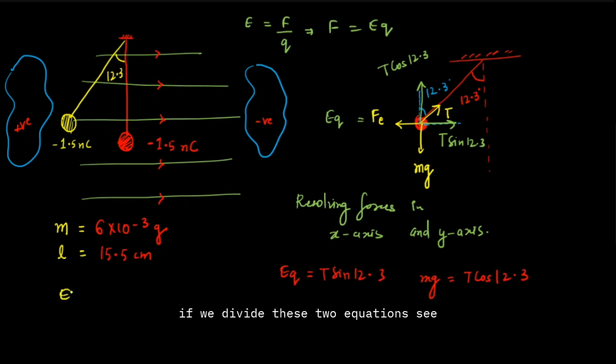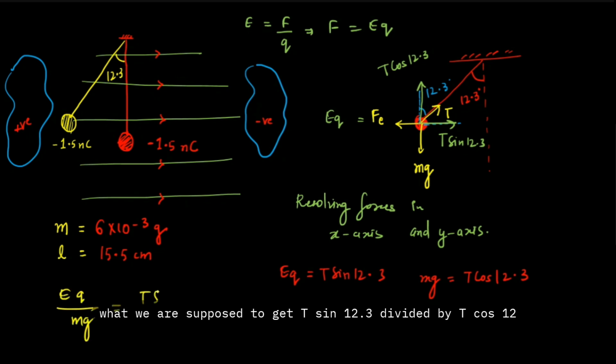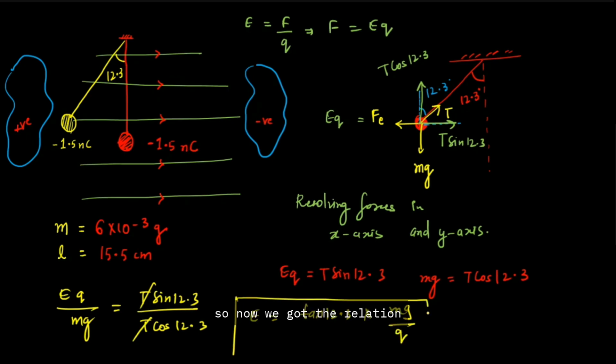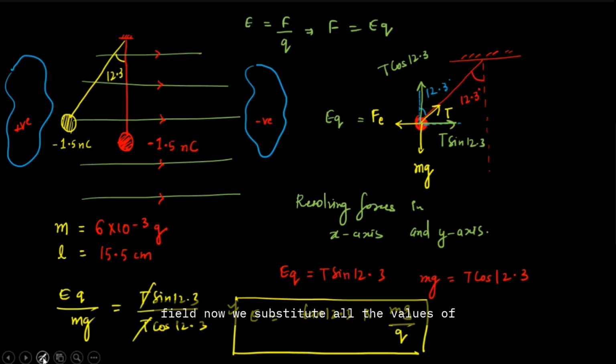T sin 12.3 divided by T cos 12.3, we will cancel out T. We have to find the electric field. The electric field is going to be tan 12.3 times mg divided by q. So now we got the relation which is going to give us the electric field. Now we substitute all the values of the given information and we get the value.